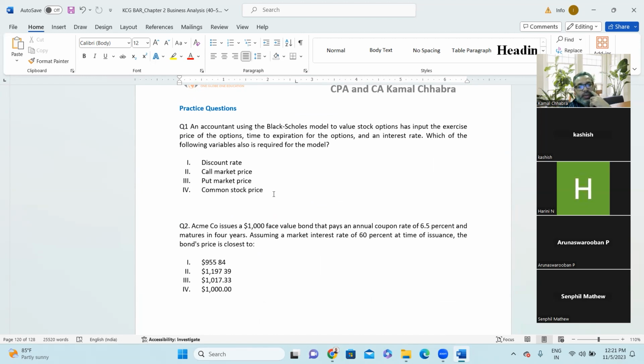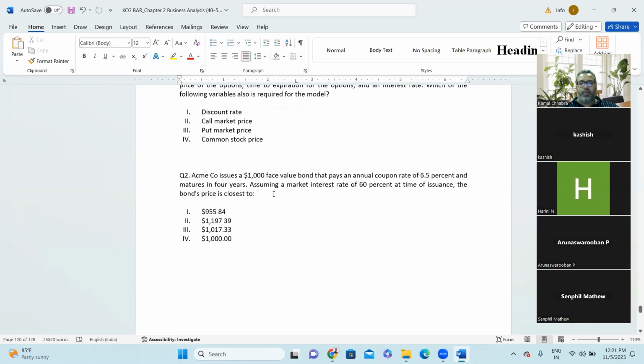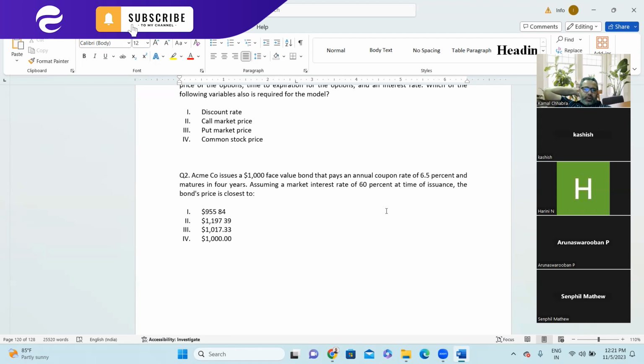Last is: ACME company issues a 1000 face value bond that pays an annual coupon rate of 6.5% and matures in 4 years. Assuming the market interest rate is 6% at the time of issuance, the bond price is closest to what? So first thing is the market rate of interest is 6% and you are giving 6.5%.